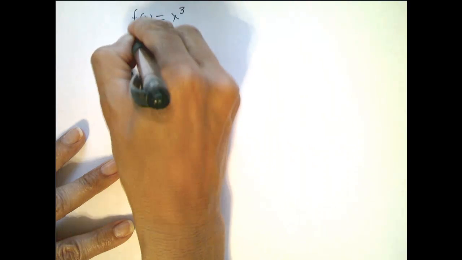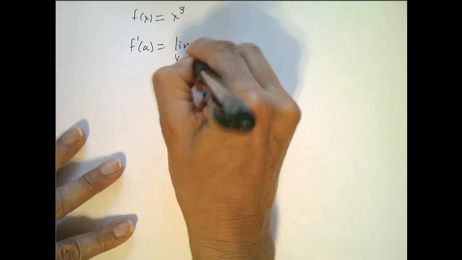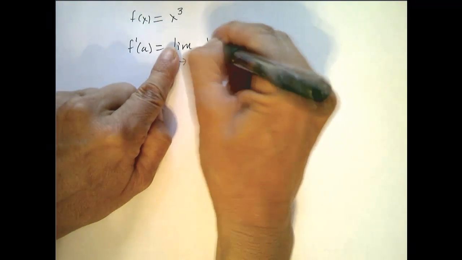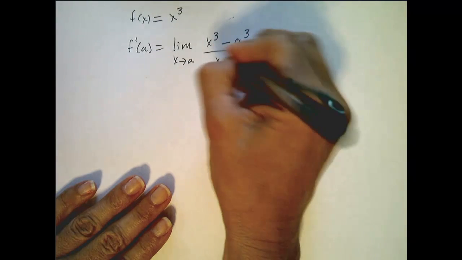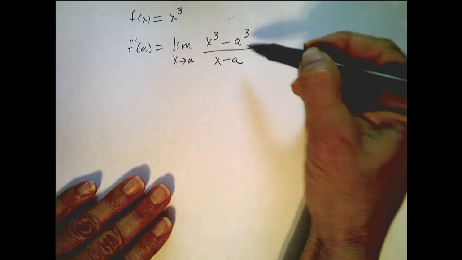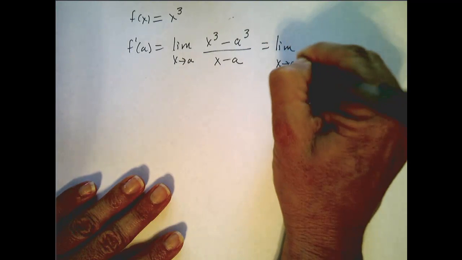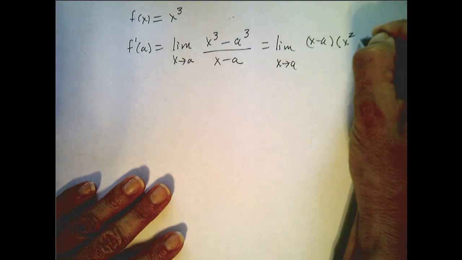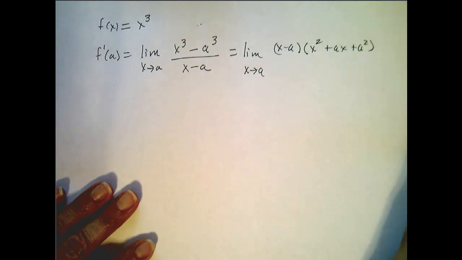So f prime of a is going to be the limit as x approaches a of my function f of x, so x cubed, minus my function evaluated at a, so a cubed, all over x minus a. Now this also factors. This is the difference of two cubes, so it factors to x minus a times x squared plus ax plus a squared, divided by x minus a.